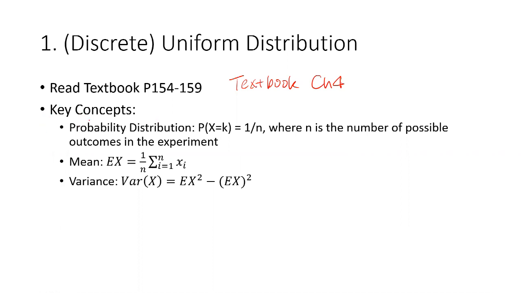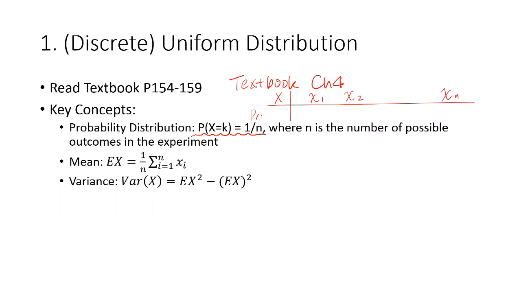Simply speaking, when a random variable has this probability distribution, it is a discrete uniform distribution. More explicitly, the values it can be are x1, x2, and xn.